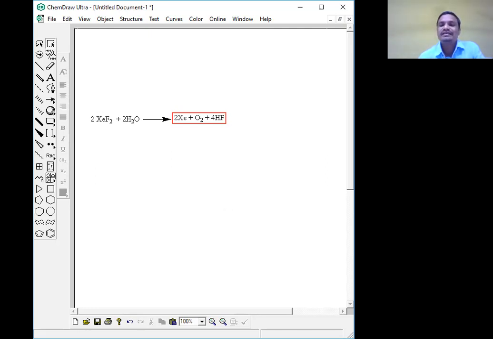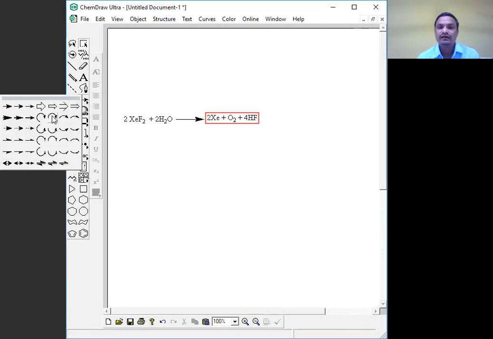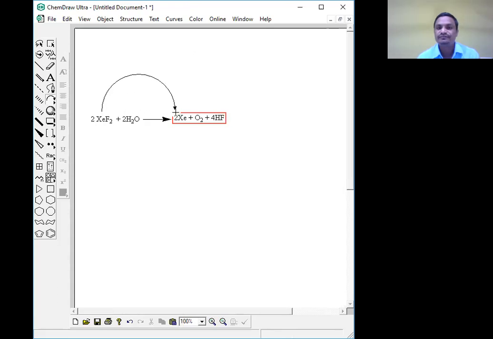Now, in this reaction, the oxidation state of xenon in XeF2 is +2, and xenon is formed as the product, which has zero oxidation state.